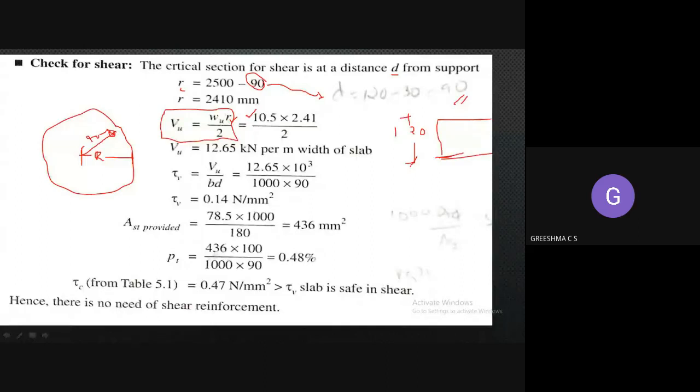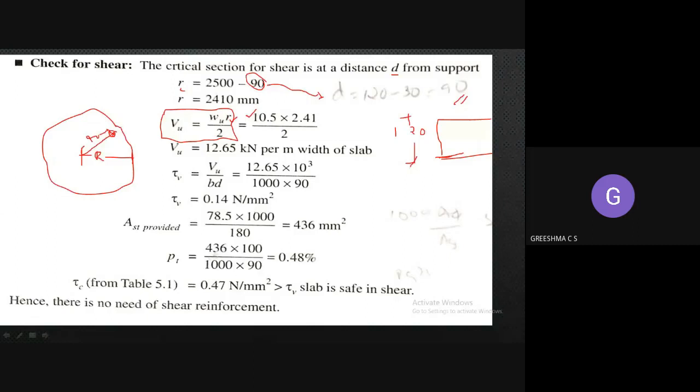Here we are calculating the shear at the critical section. So where is the critical section? The critical section is at a distance of d from the support. So we need to find out the shear force at the critical section.